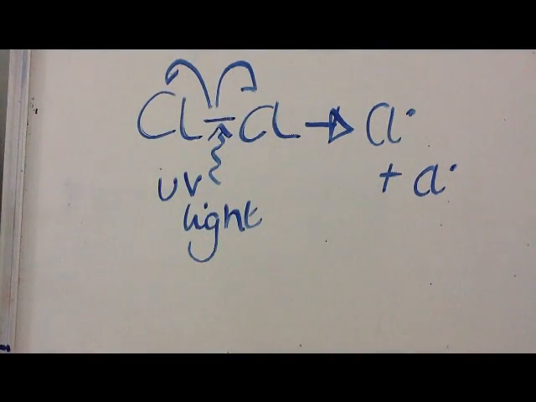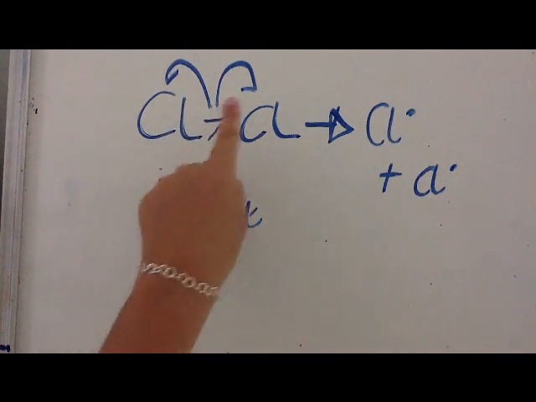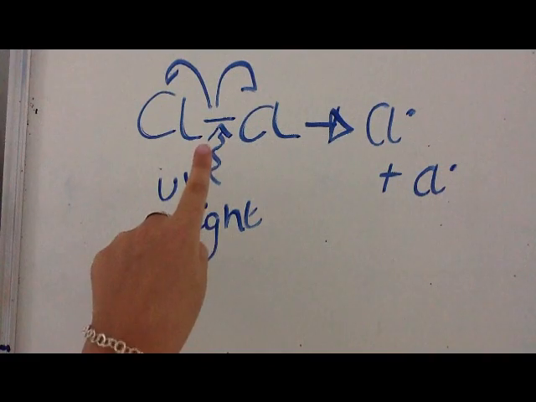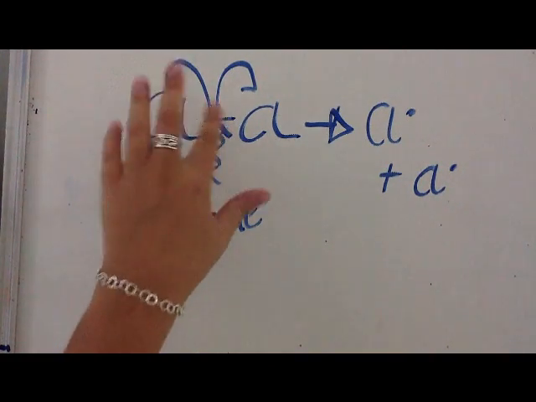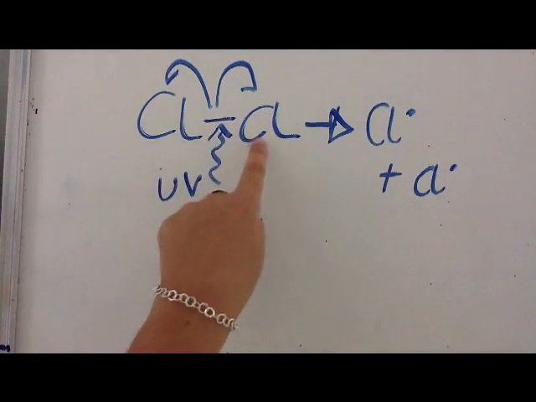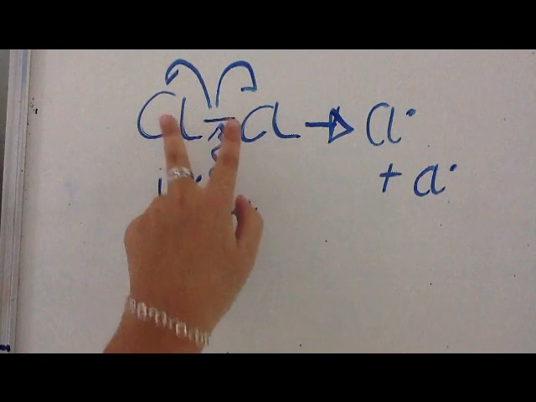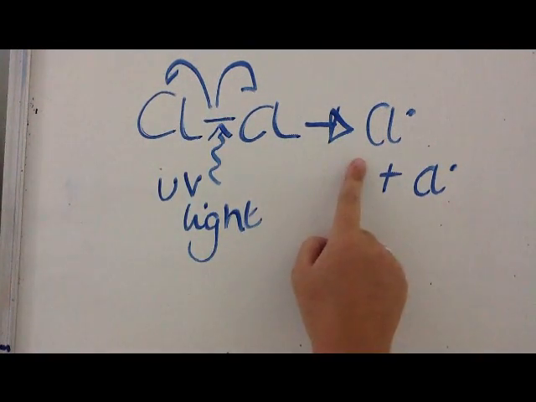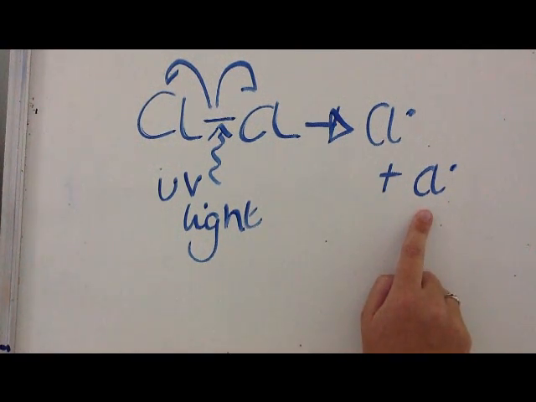If you have done some work already, you should be able to tell me that these arrows are showing homolytic fission. One electron from this chlorine, one electron from this chlorine, is moving to break up this bond. So we are left with chlorine free radicals. This chlorine has got 7 electrons in its outer shell, and so has this one.